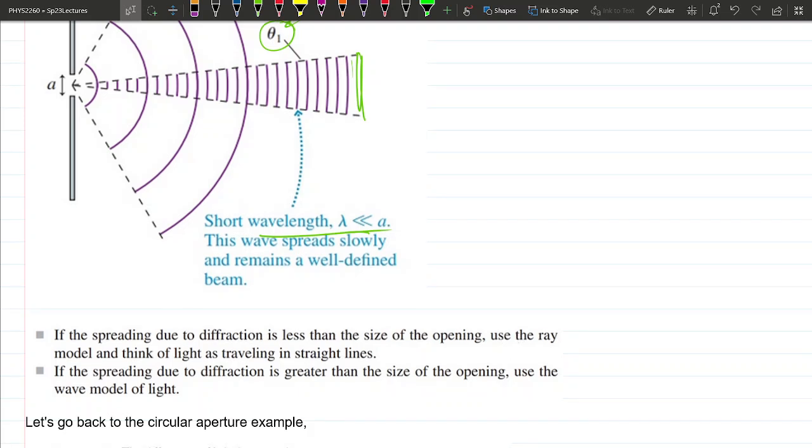So the rule is that if the spreading due to diffraction is less than the size of the opening, then we use the ray model of light, which is what we're going to talk about next chapter.